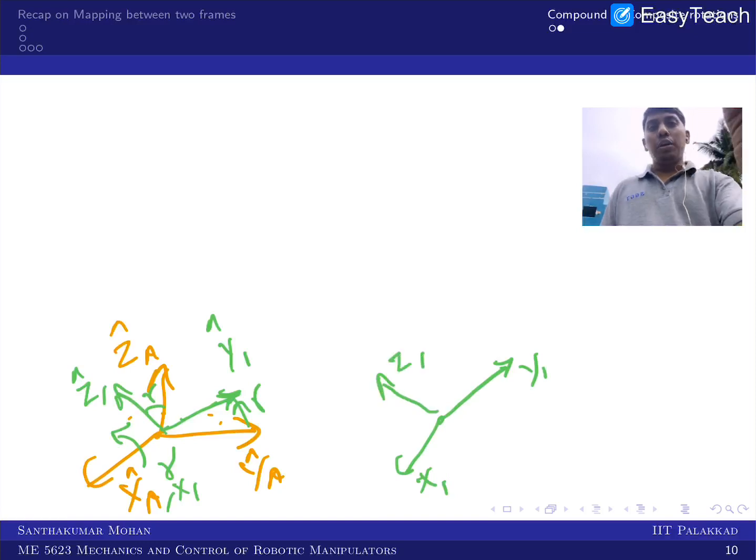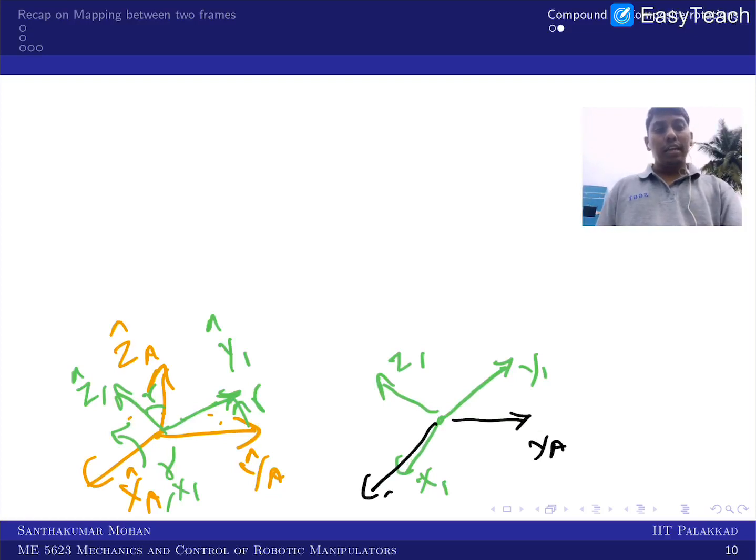But what you have inherited is YA and XA cap. I am just skipping hereafter. You can assume that it is associated with the unit vector. Now this is the first operation.